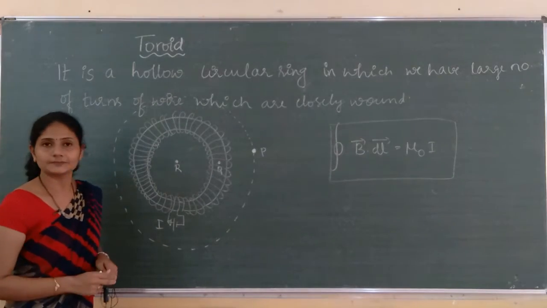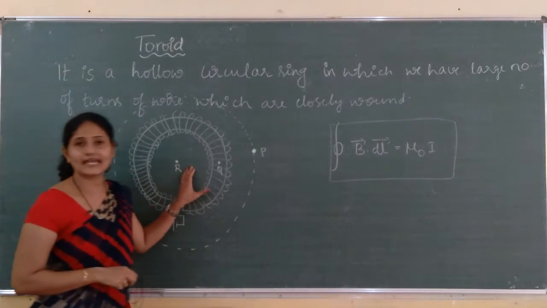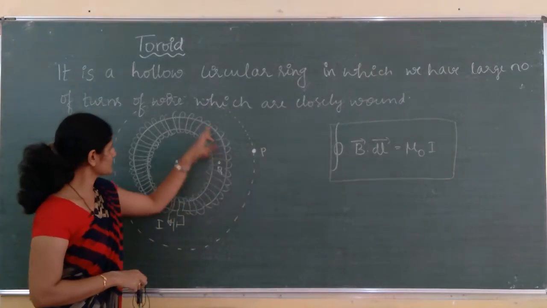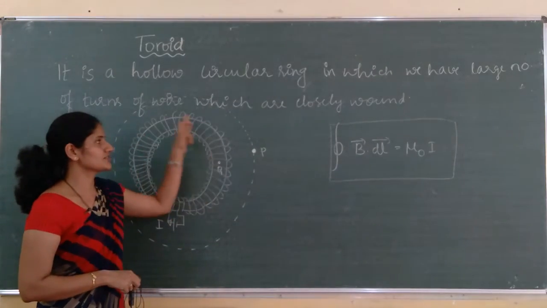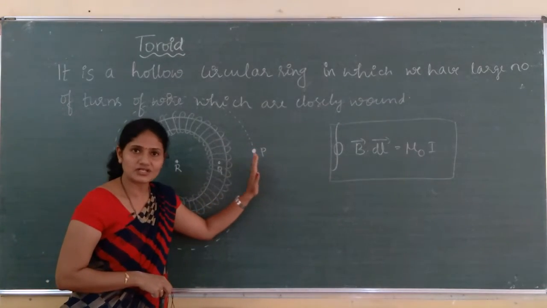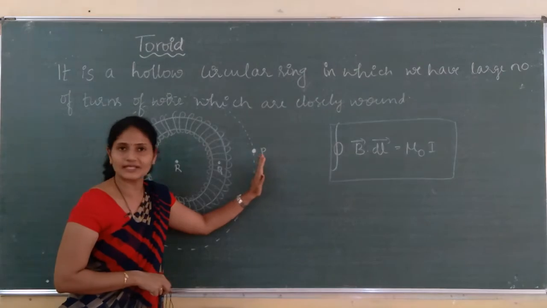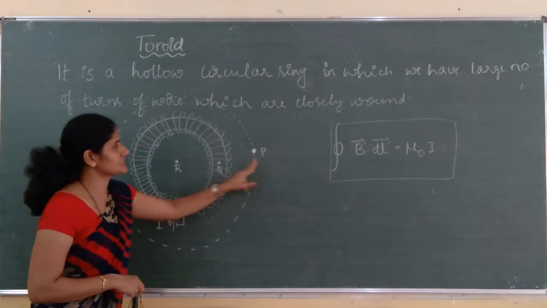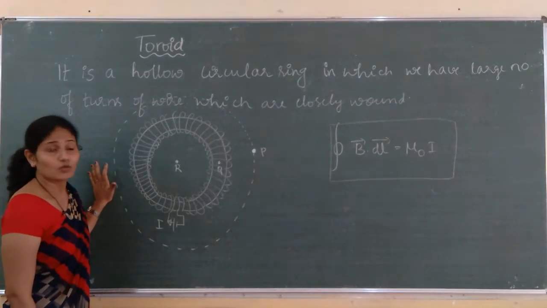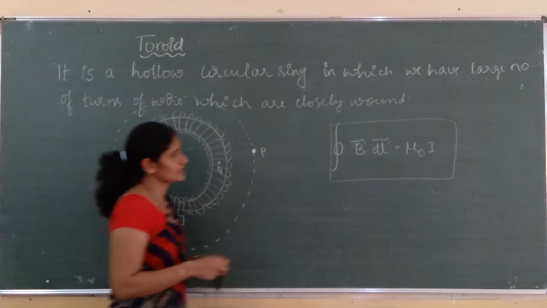So we know that the current carrying conductor must be inside the loop. So here this is the conductor which is carrying current. So this is the imaginary Amperian loop, and the conductor is placed within this loop. So no problem.